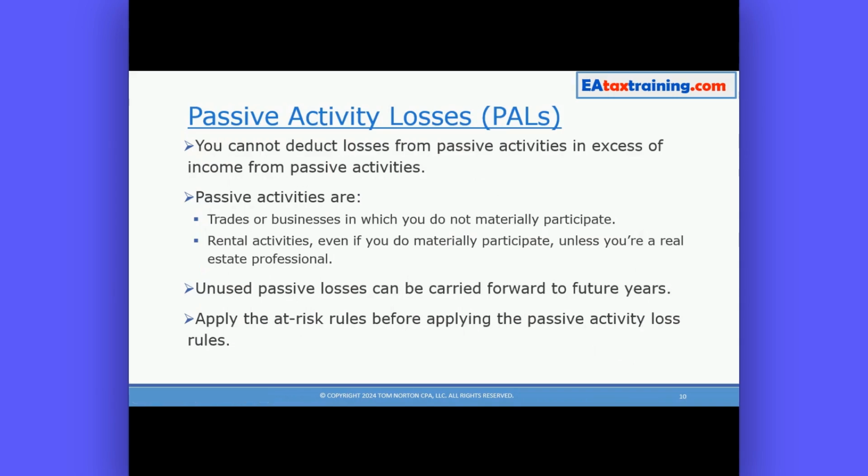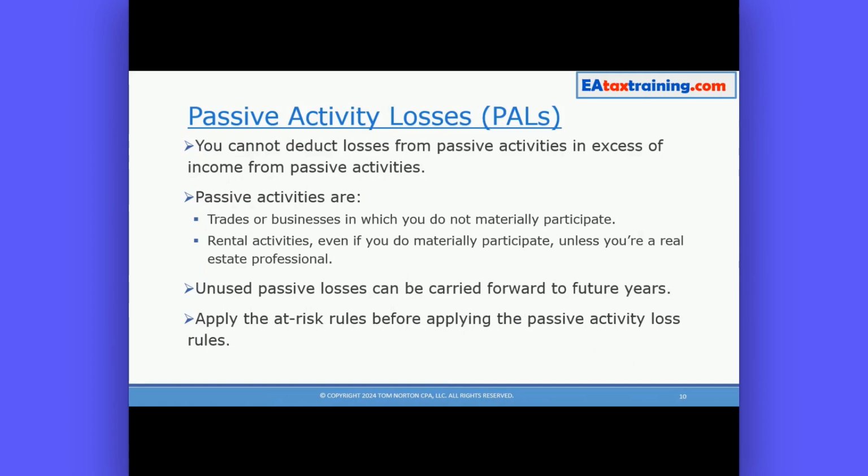Next are the passive activity loss rules. We talked about this briefly in part 1, so let's talk about it a little more in depth here. You cannot deduct losses from passive activities in excess of income from passive activities.